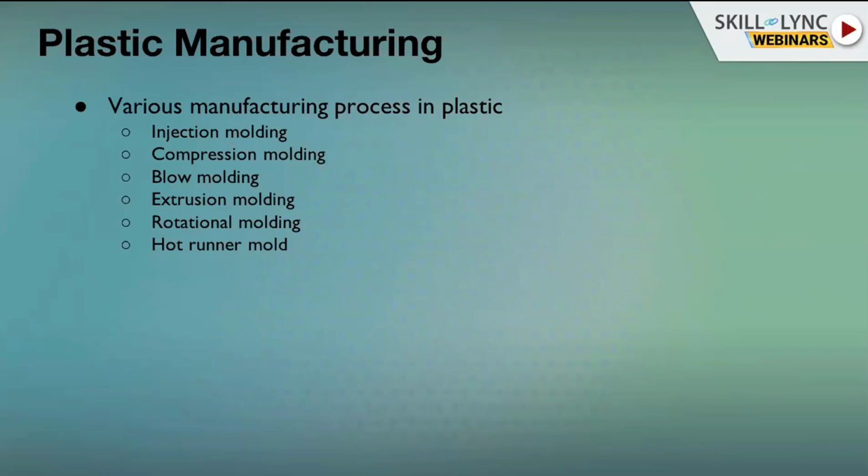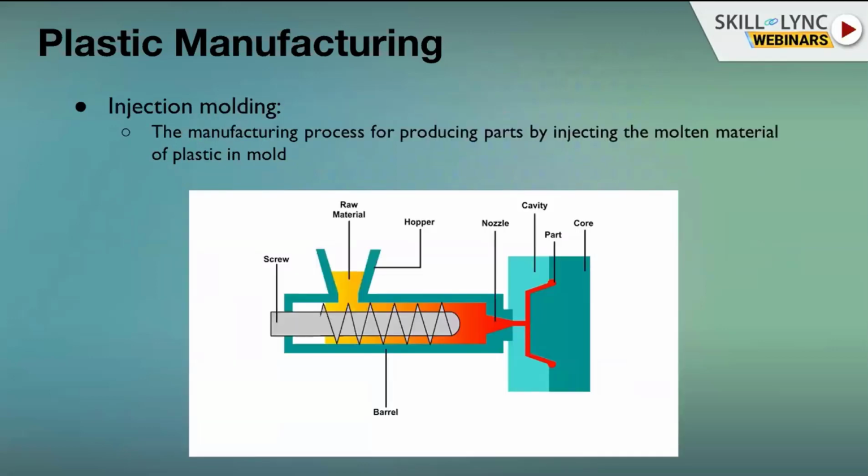The major manufacturing processes for plastics are injection molding, compression molding, blow molding, extrusion molding, rotational molding, and hot runner mold. We shall check them one by one and see what their functions are. The first is injection molding.